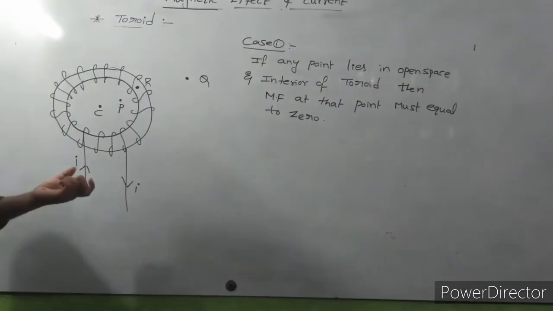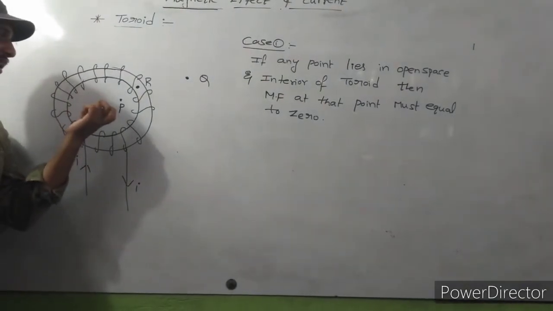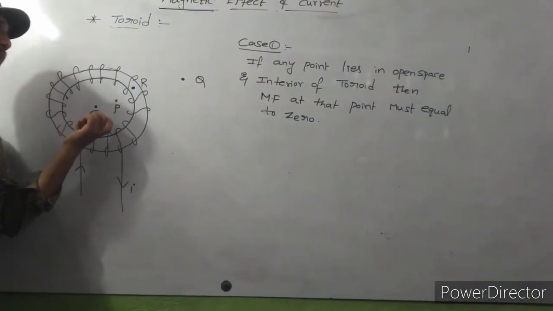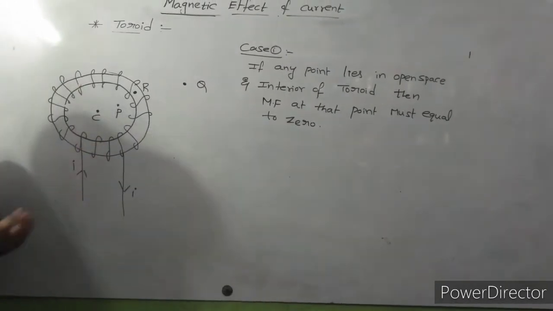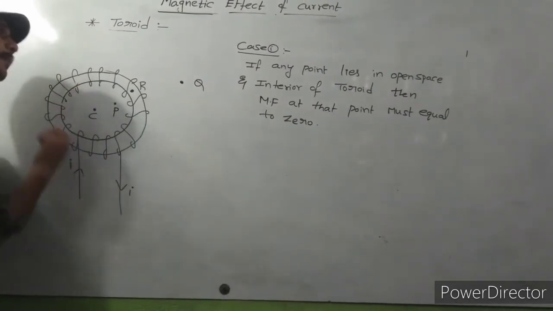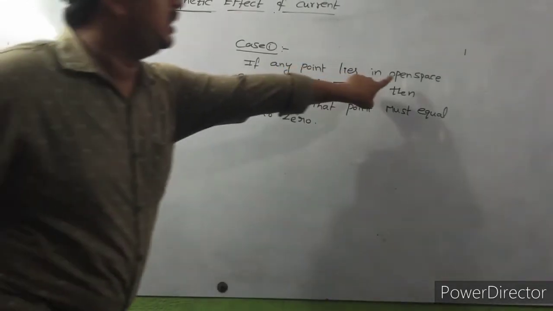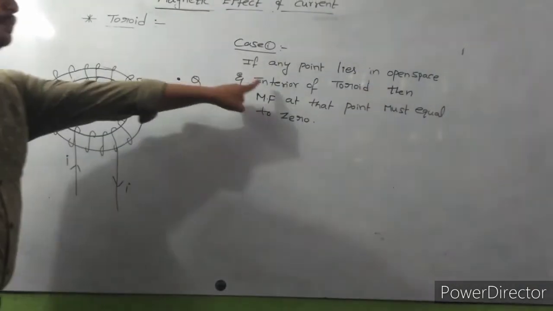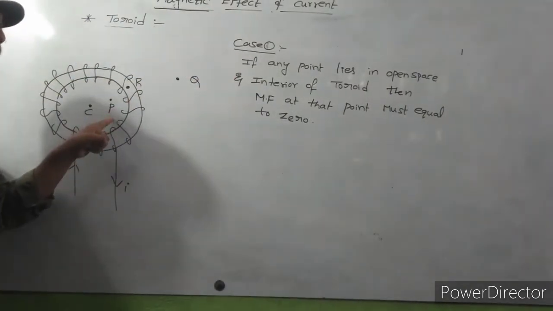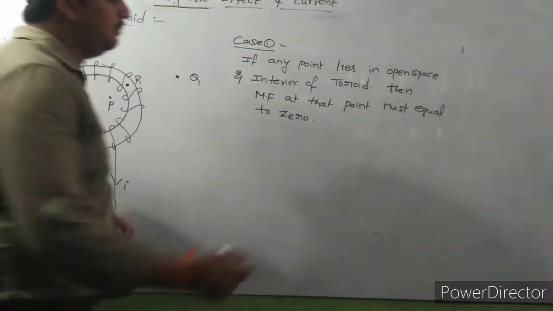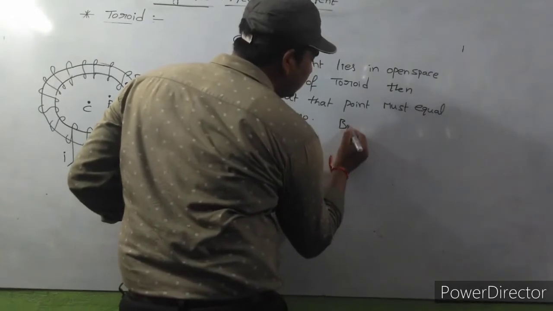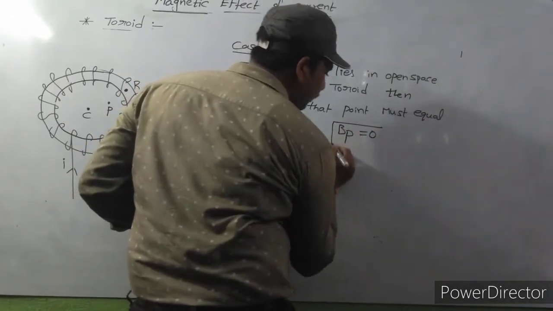According to this diagram, P is the point that lies interior of the toroid, and that is present in open space. It is an open space, and it is present interior of the toroid. That's why the magnetic field at this point P is equal to 0.